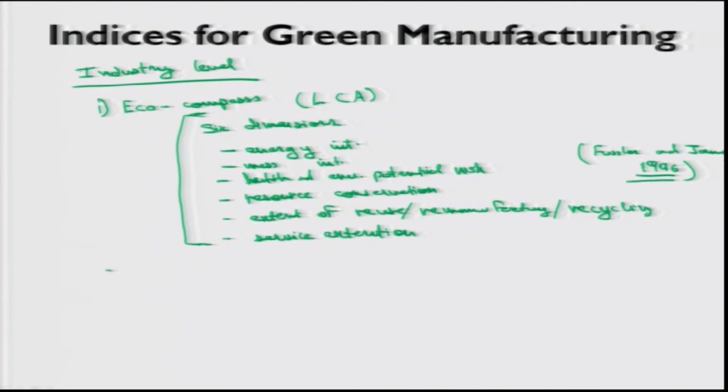Next is Eco-indicator 99. This was given by PRé Consultants in 2000, actually in 99 only. It is a state of the art damage oriented life cycle impact assessment.